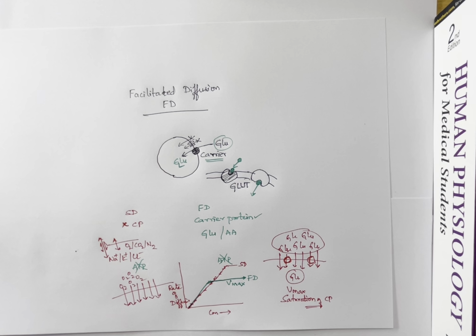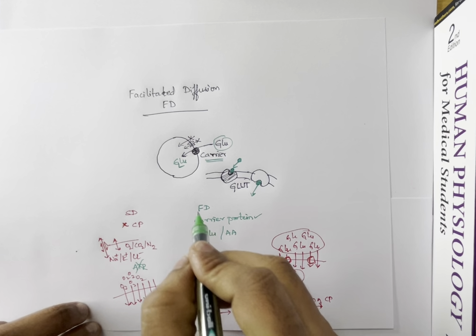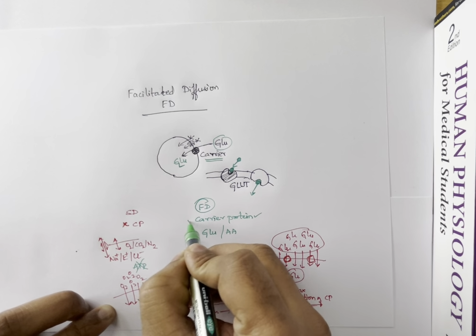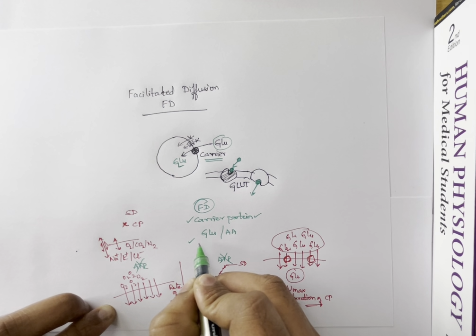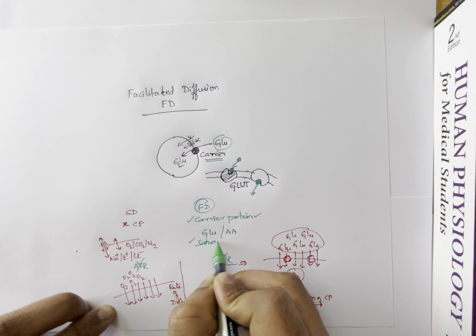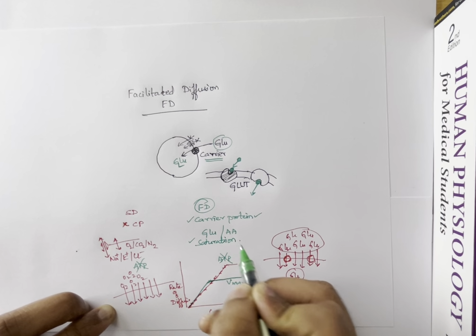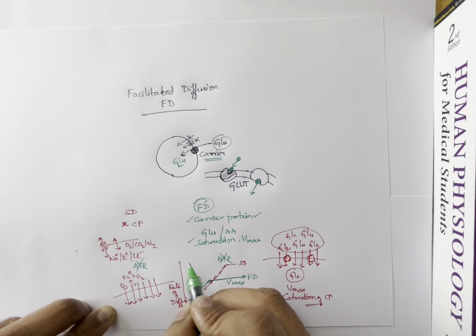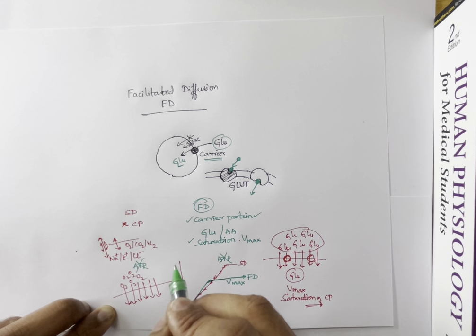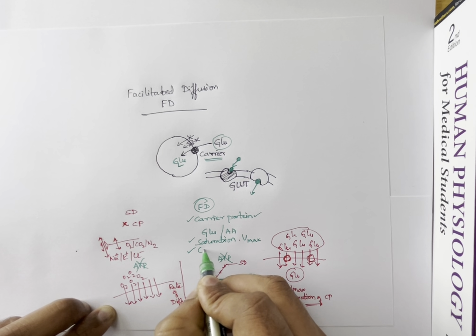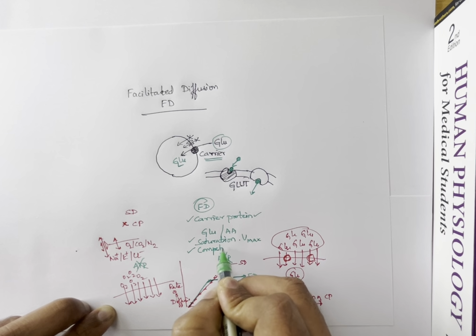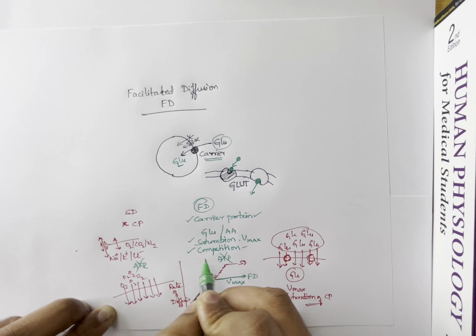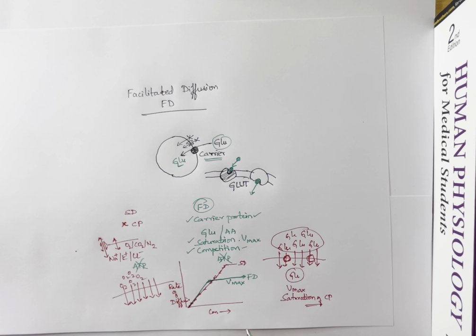Now, one more difference. Here in facilitated diffusion, a carrier mediated process, the second property is saturation and Vmax, and the next difference is that facilitated diffusion will have competition. What is this? Let's explain.